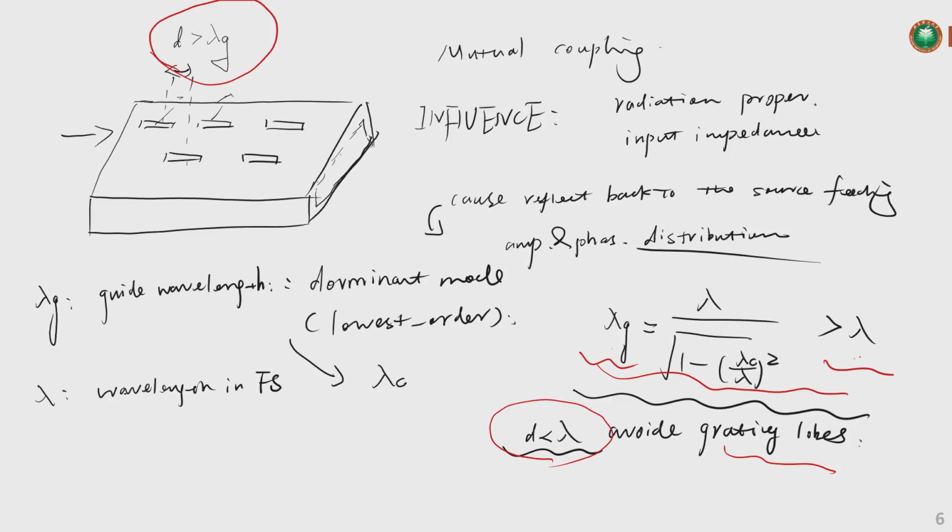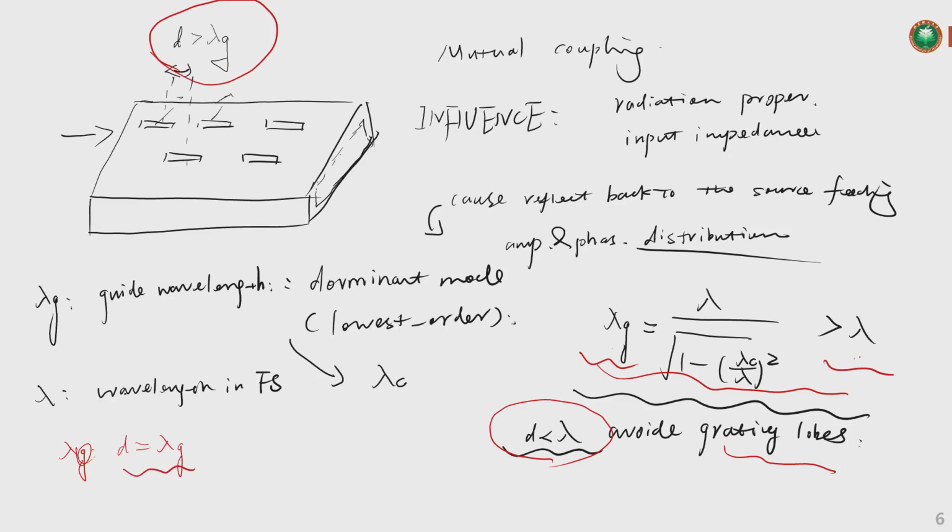So then, what can we do? For the mutual coupling, we usually want to set it as lambda g. If we want to reduce the mutual coupling, the critical point is the distance d equals lambda g, right?